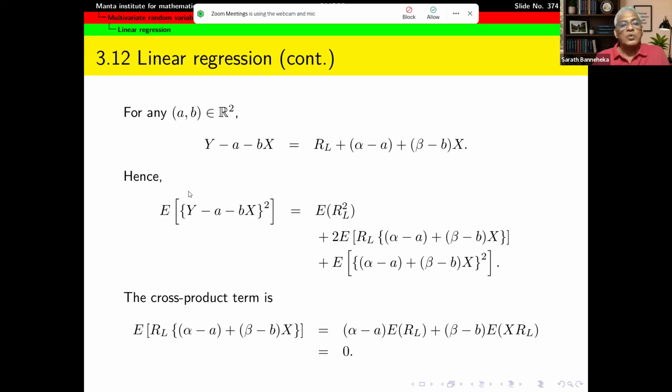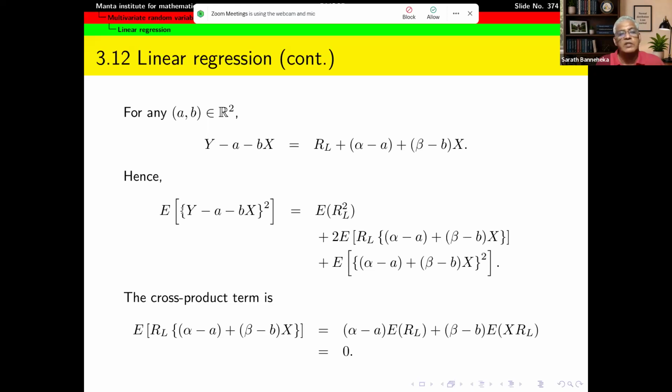If you consider the square of this thing and take the expected value, you will get this expression: the expected value of RL squared, and then the expected value of this quantity squared, and then a product term here. We can show that the expected value of the product term is equal to 0, because it is a constant times the expected value of RL, plus another constant times the expected value of X times RL. Both are 0, therefore this one is 0.